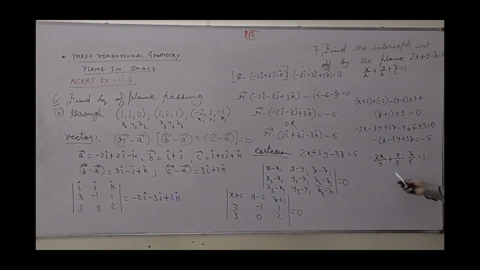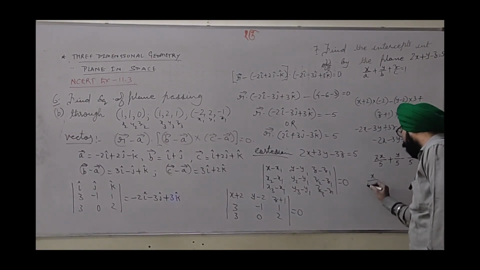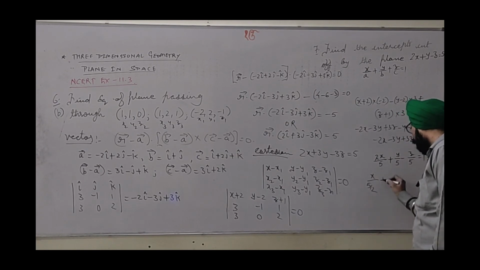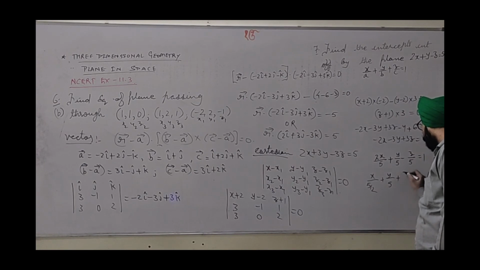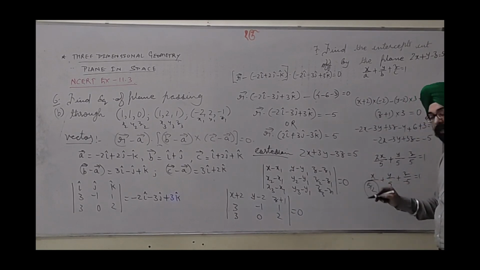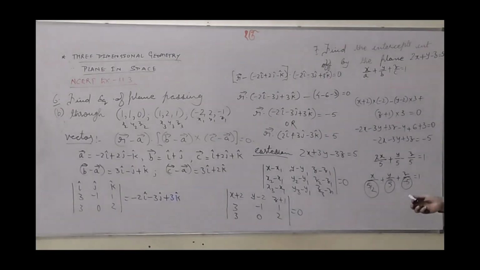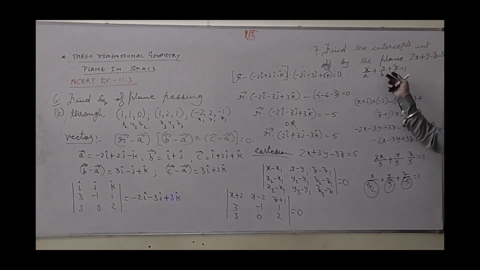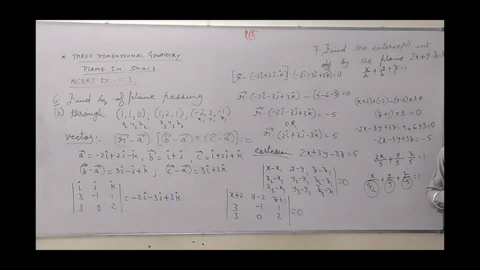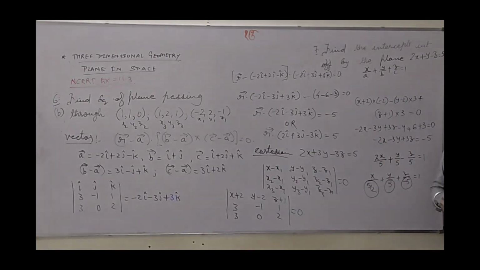So further, this can be written as x upon 5 upon 2, y upon 5 as it is here, z upon minus 5 equal to 1. Means the required intercepts are 5 upon 2 on x, 5 on y and minus 5 on z axis. This much. So this was just a simple application of intercept form. We will see more questions from the same exercise.